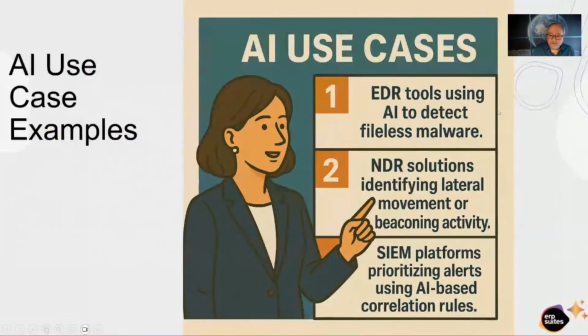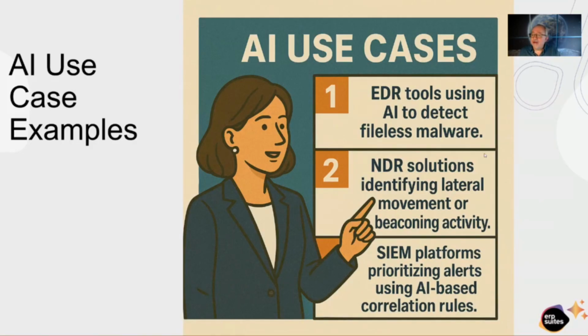So with those particular points being stated, I wanted to give us a few AI use cases or case examples. If you have an EDR tool, it may use AI to detect fileless malware. So now, instead of looking for just a signature, it can, by simple behavior and without the file being on there, start doing its job better. An NDR solution can identify lateral movement or beaconing activity.